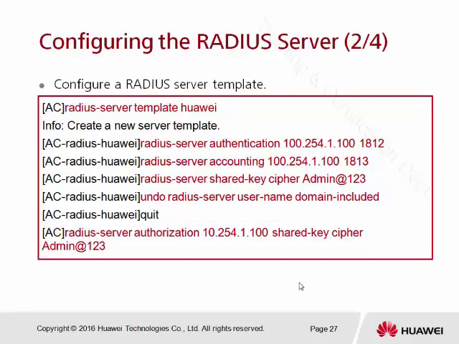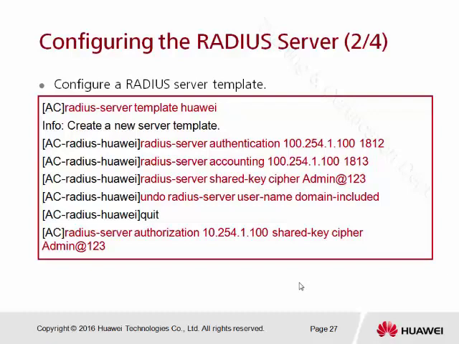Inside this RADIUS server template, you need to tell the template, for RADIUS server authentication, which IP address to point to and what the port number is. So when they want to do authentication, I'm going to send to the 100.254.1.100 address, and the port number is 1812.